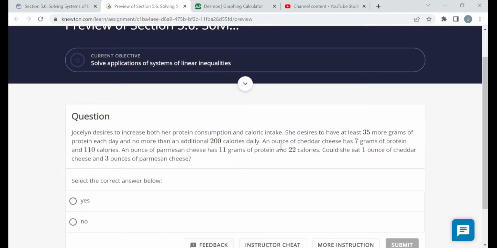Alright, so 1 ounce of cheddar cheese has 7 grams of protein and 110 calories. 1 ounce of Parmesan cheese has 11 grams of protein and 22 calories. Could she eat 1 ounce of cheddar cheese and 3 ounces of Parmesan cheese is the question, based on her desire.